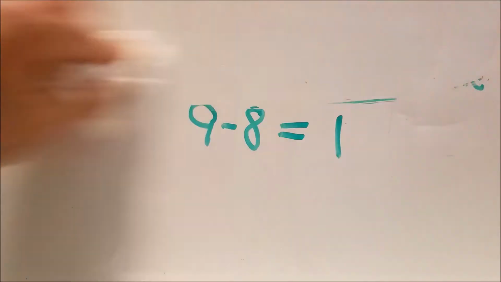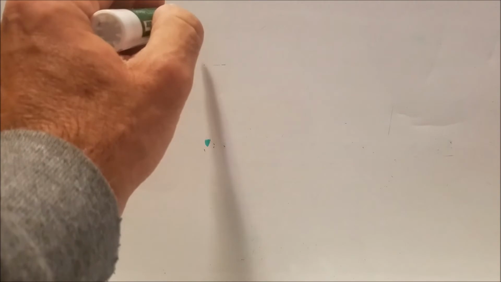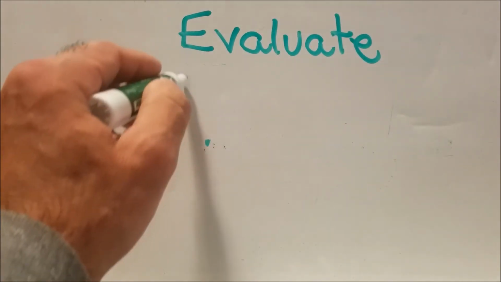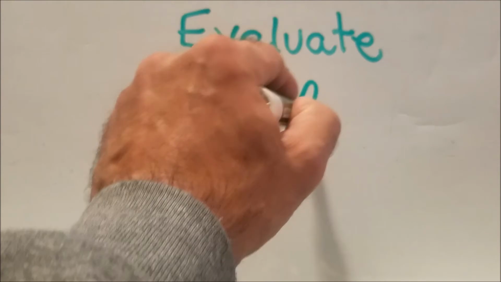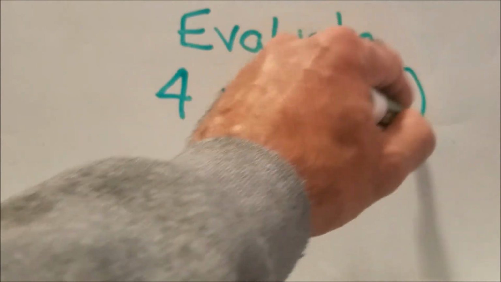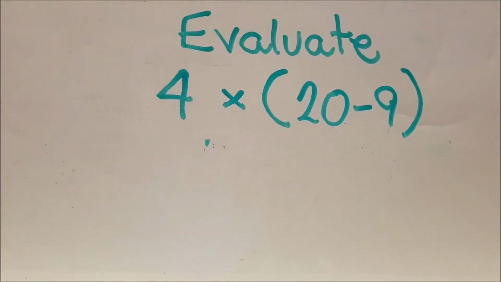Okay, let's do our third problem. Again, the word evaluate means to solve it. So if we have 4 times 20 minus 9, what is the expression, first of all?